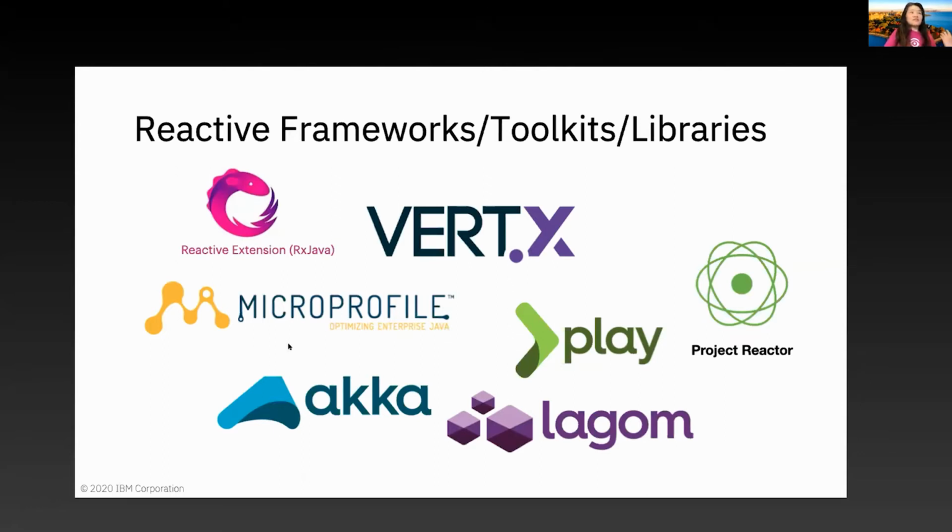First and foremost, we have MicroProfile, a library more catered for building microservices. I'm sure a lot of our colleagues in the MicroProfile community working group are working on it. It also supports reactive streams, and through them, reactive messaging and operators.